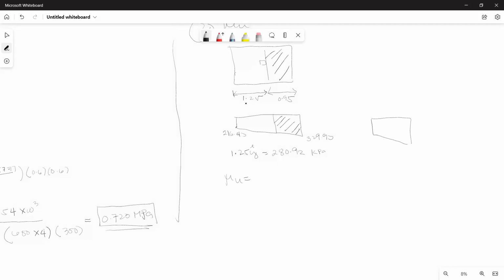Kailangan mo siyang hatiin because hindi mo kayang unless alam mo yung centroid ng trapezoid. Pwede mong gawin is hatiin mo siya sa P1 and P2. And your P1 is multiplied and this distance is 0.95, so that is 0.95 over 2. And yung isa is P2 which is 0.95 over 3.